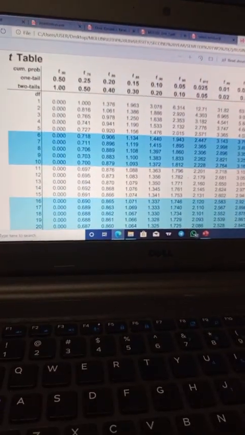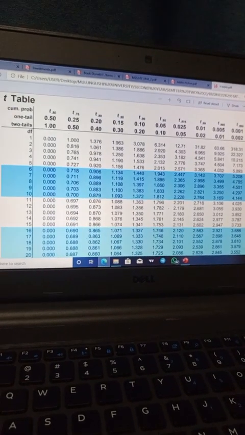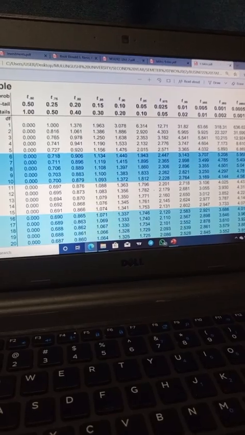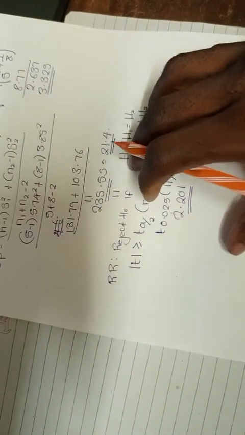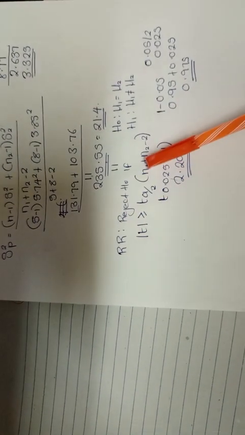This is mathematics, guys. So this is how we are solving this question. So it is 0.025, 11, which is 2.201. So 2.201. This is how we arrive at the answer here. So when you check if this value is greater than this one, we are rejecting.